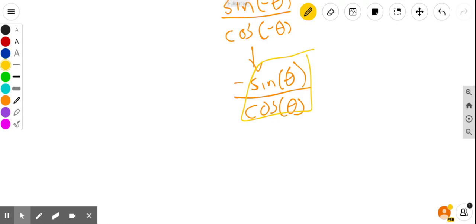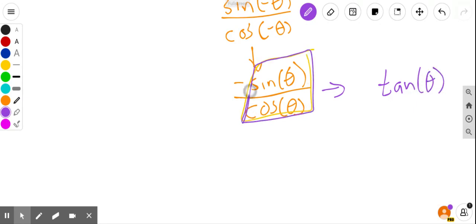So I can end up saying that this should give me a tangent of theta from this box right here, and it's negative because of that negative that was out there to begin with. That's how I can prove that would work. And that's what it looks like when I ask you to work with identities. You use some basic facts, you do some substitutions, and you work your way down to prove that the one statement would have to be equivalent to the other.